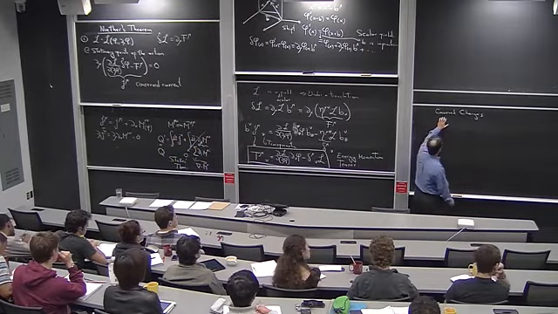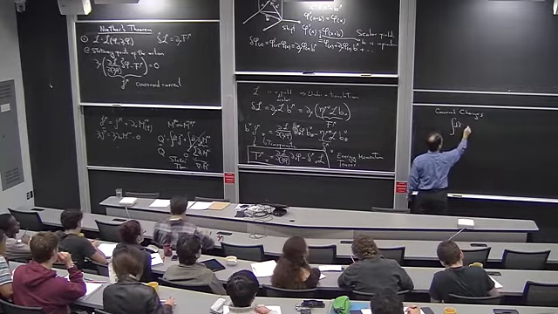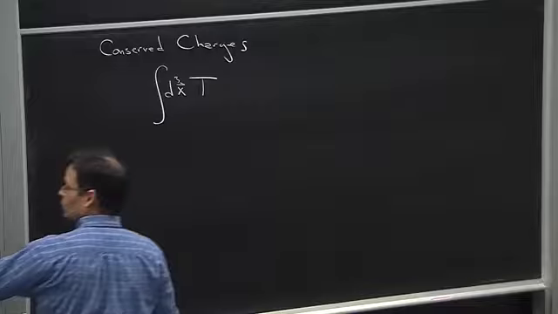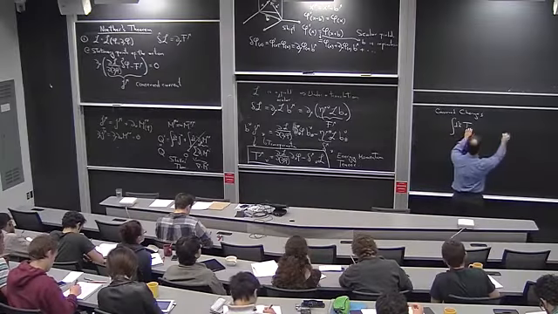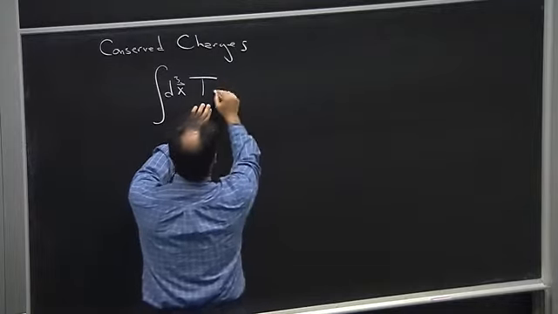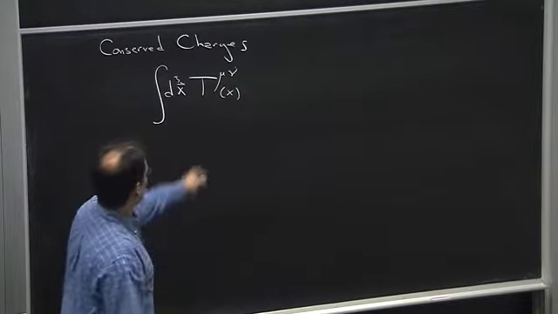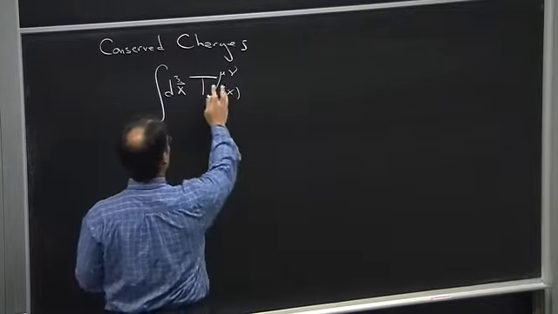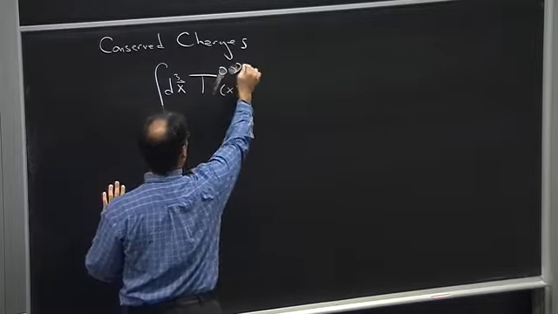But let's look at the conserved charges. So what do we do? We integrate d3x. Now it's convenient to raise the index, but that's trivial. We just raise it with the metric. And then we look at the zeroth component of our currents.